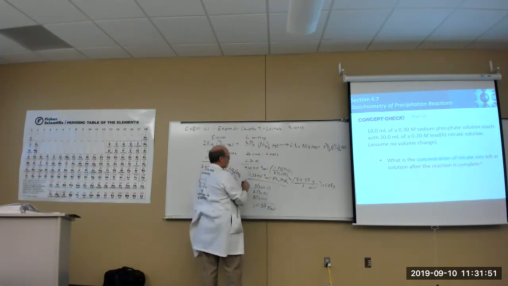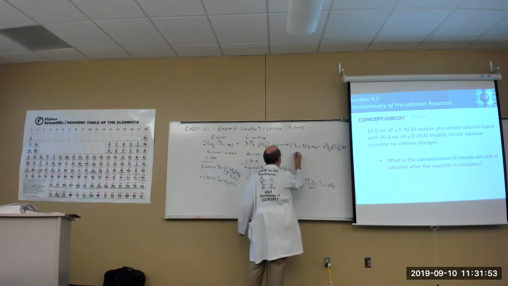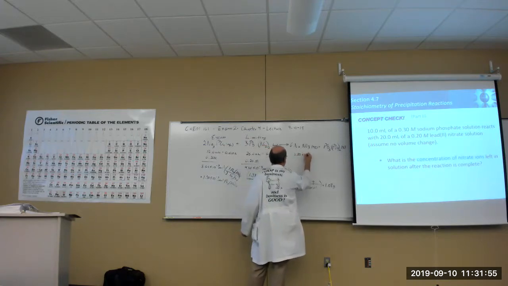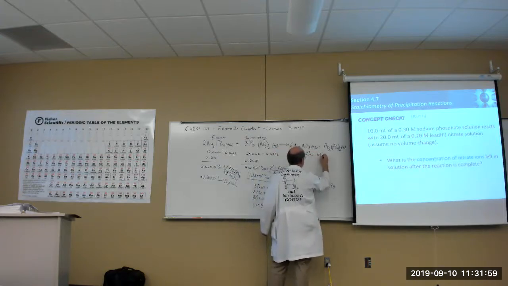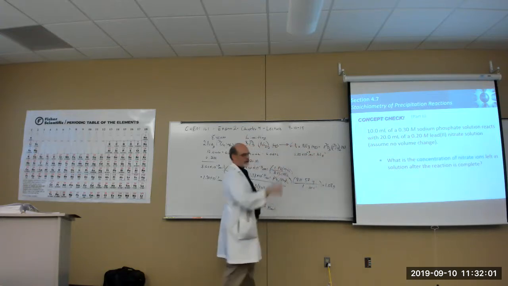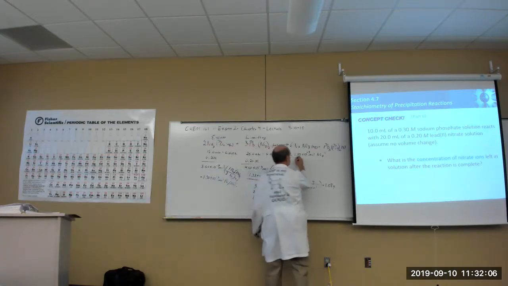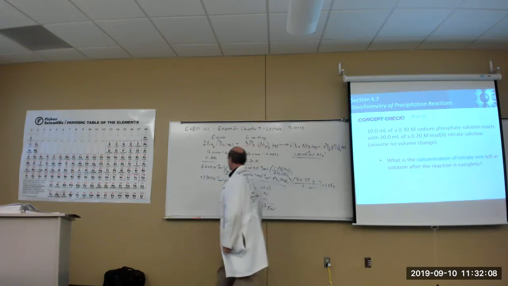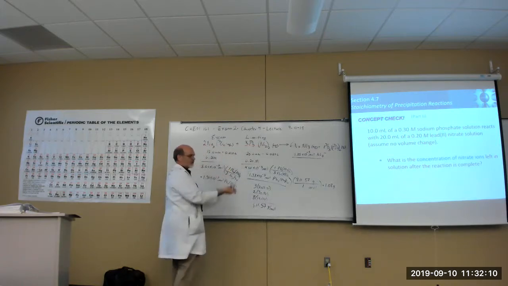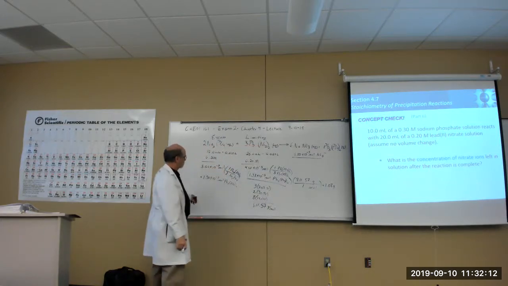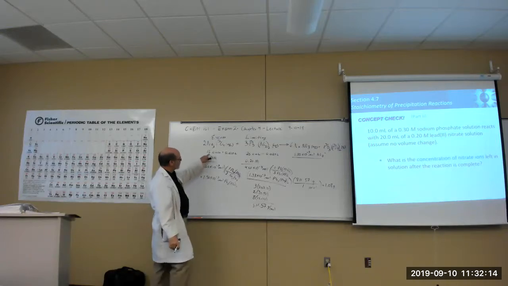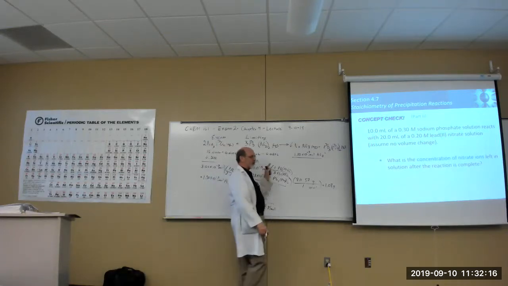So you actually have 8.00 times 10 to the minus 3 moles of nitrate, before and after, because it does not react. Okay, so what's the final volume? The final volume is a combination of these two because you mixed them together. So you've got 10 milliliters plus 20 milliliters is 30 milliliters.